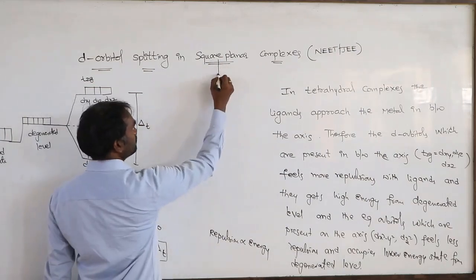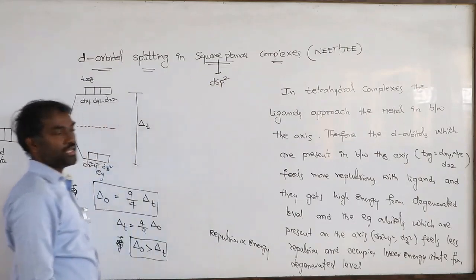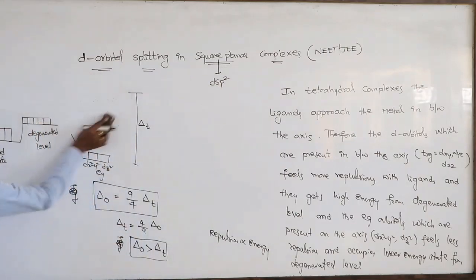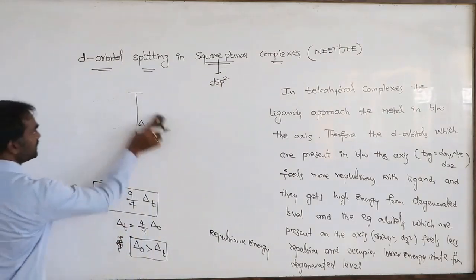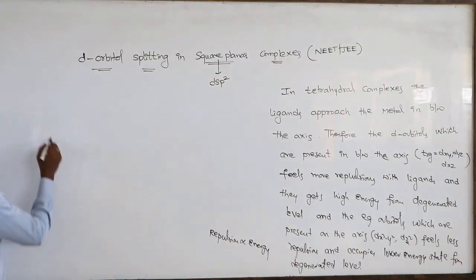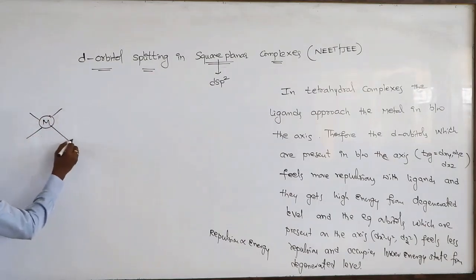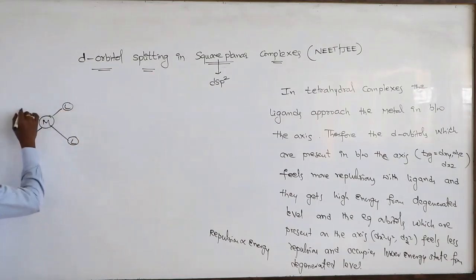Square planar: the hybridization is dsp2. In 2D and 3D structures, we can write and see it. See, square planar in two-dimensional structure, in what way? The ligands are like this.